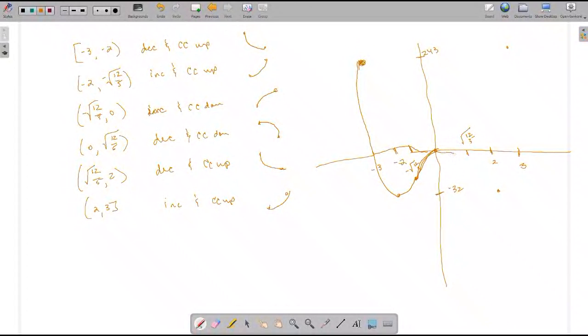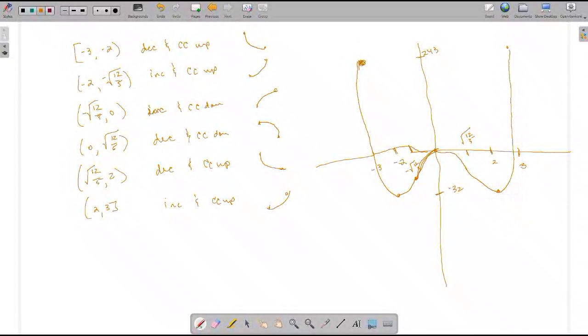I'm going to be concave down and decreasing. Then I change from concave down to concave up from root 12/5 to this 2. And then from 2 to 3, I'm increasing and concave up.